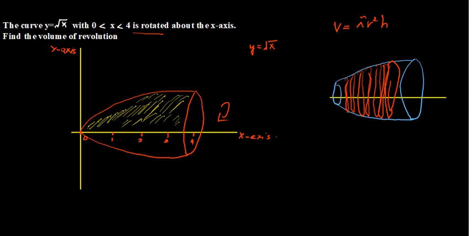Now in that case, we need to integrate, because we have to find the sum of all these tiny cylinders. In order to integrate, we need to integrate it from 0 to 4, as it is bounded from 0 to 4.